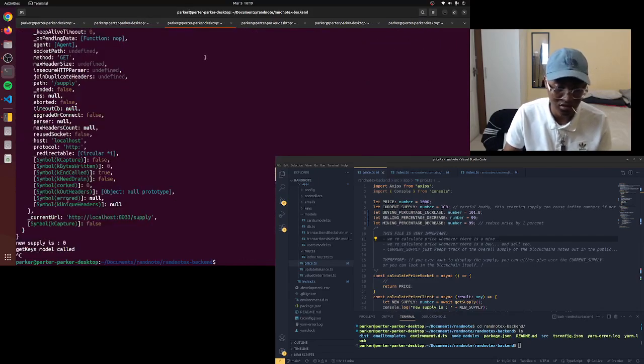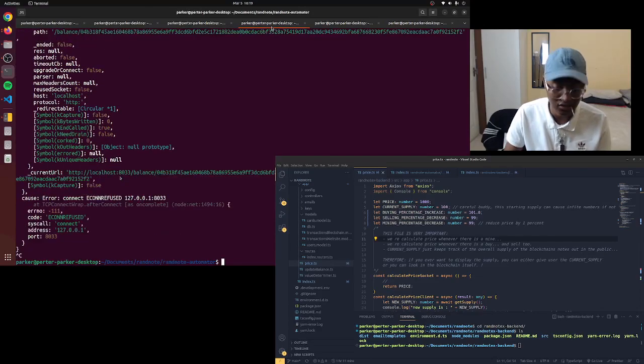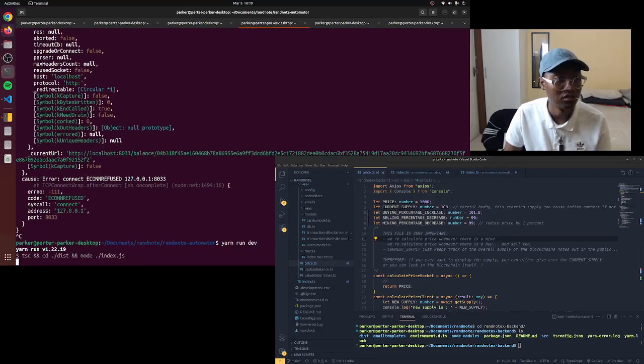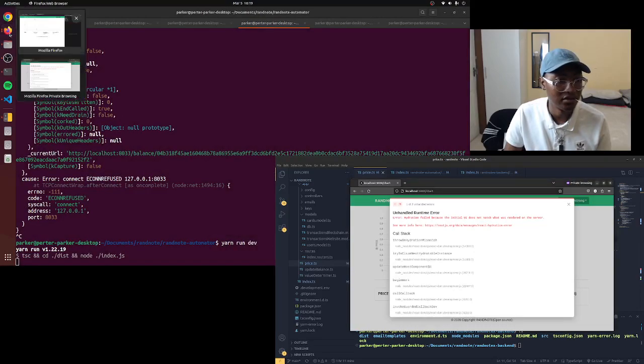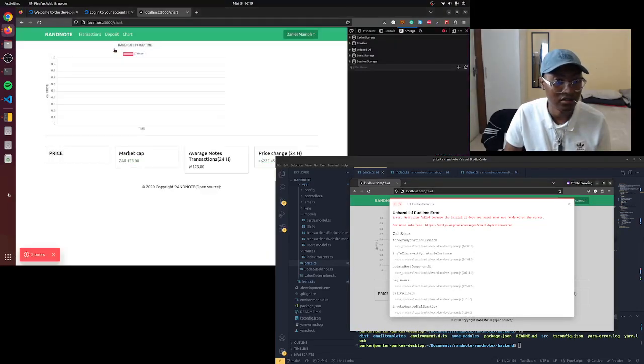We're gonna run the back end, and we'll run our automator, and we'll see what happens. Price starts at 1000, goes to 1036, 1054, 1073, 1090, 1112, 1133.